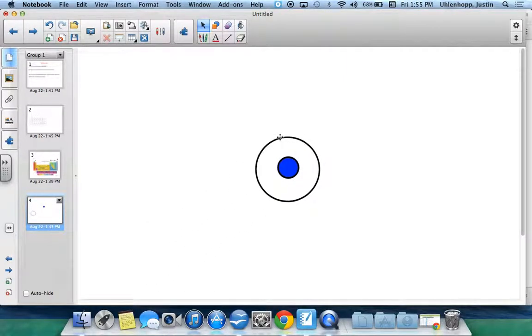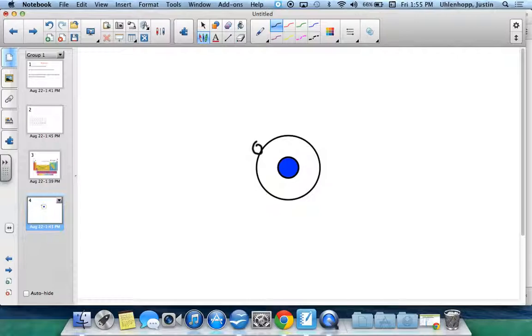There we go. Okay, so if we look at hydrogen, it has 1 electron, so that means it's only going to have 1 shell around the outside. On this shell, hydrogen, we know, has 1 electron. So hydrogen is an element or an atom that really wants to bond with other things because it's not stable by itself.